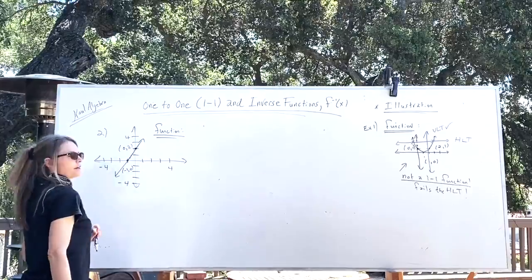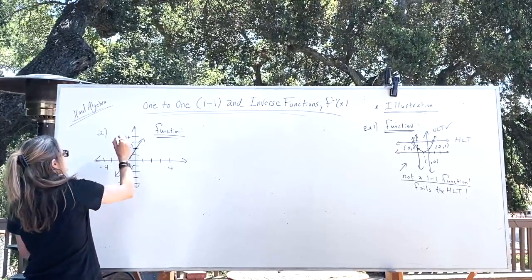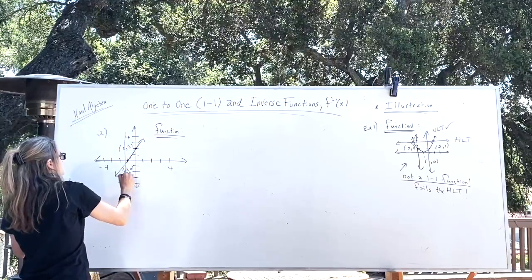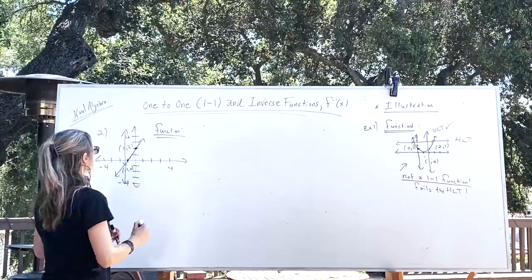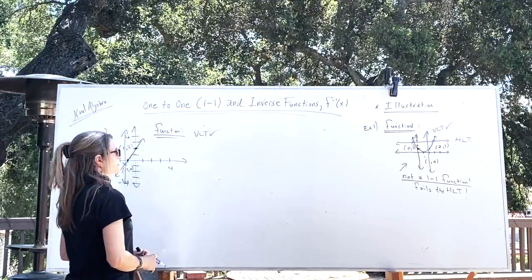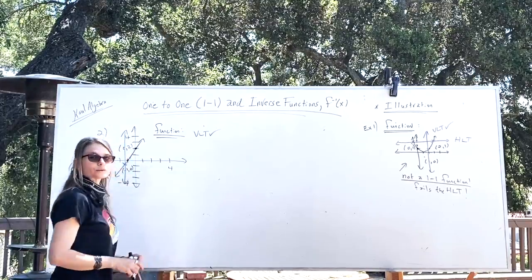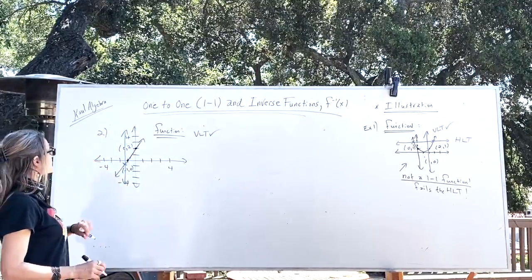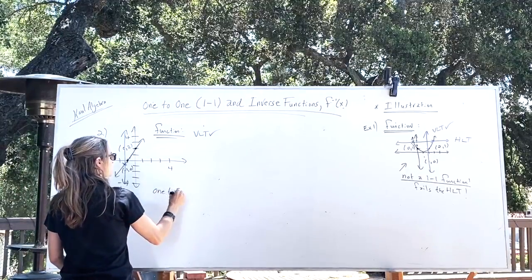So here we have our function, and I know it's a function because it passes the vertical line test, right? And next we want to take a look at the horizontal line test. Let's ask ourselves, is this a one-to-one function?